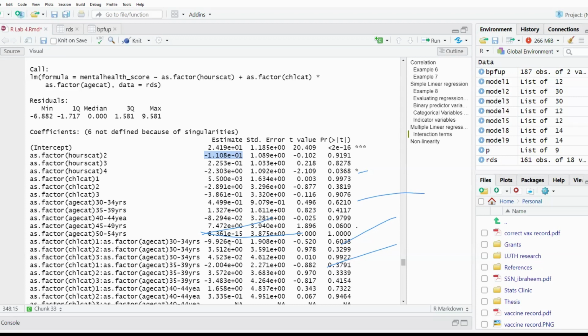But the idea really is that for people who have one child and who are 30 to 34 years old, they would have this beta estimate on top of the beta estimate that they have for their age category and the number of children that they have. That's the way that you'll be able to guess their mental health score.